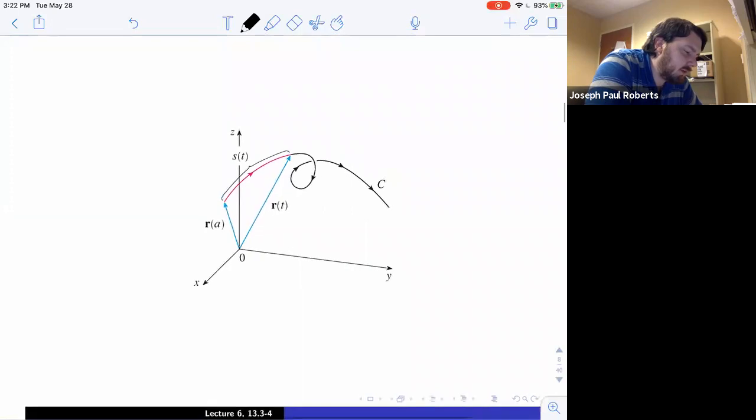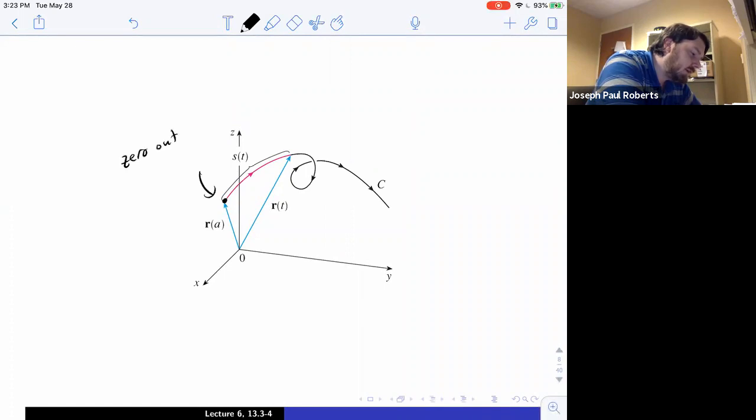And so here's a picture indicating what's going on. So when you're at the position r of a, zero out your odometer on your airplane or spaceship, whatever you want to think of, because it looks like we're in R3. So for example, s of a is 0, right?